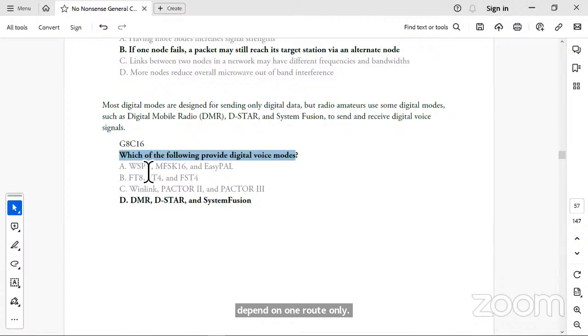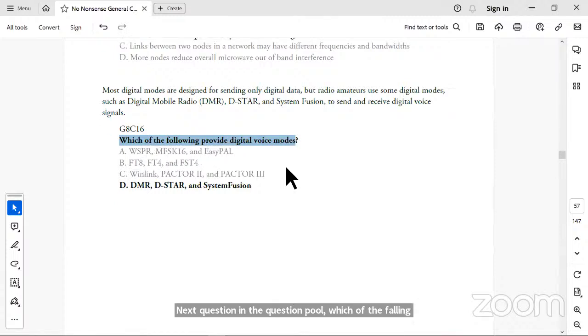Next question in the question pool. Which of the following provides digital voice modes? So we talked about digital modes and we went specifically into digital voice modes where we are speaking and it takes our voice and digitizes it using a codec and puts it onto one of the digital networks. And the three digital networks that we talked about or modes are DMR, D-Star, and System Fusion. Right?